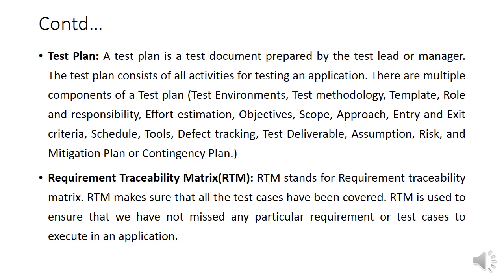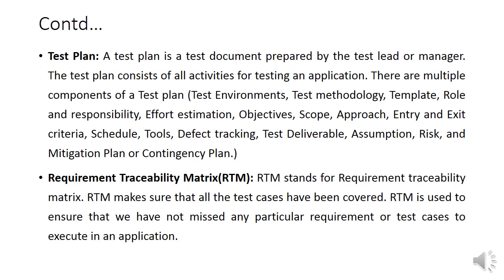A test plan is a test document prepared by the test lead or manager. What does it contain? It contains all the activities for testing an application. There are multiple components of a test plan. It includes the test environment, test methodology, the template we are going to use, and the roles and responsibilities of the test lead.